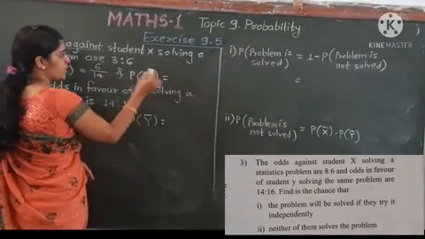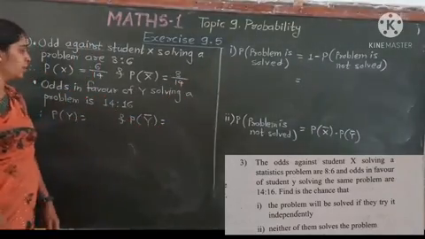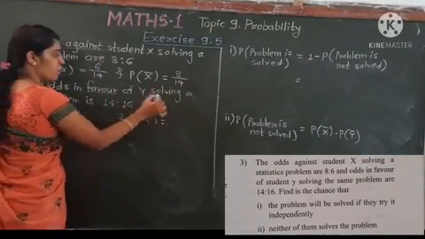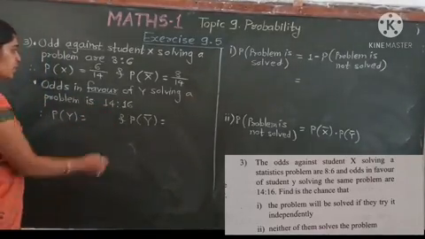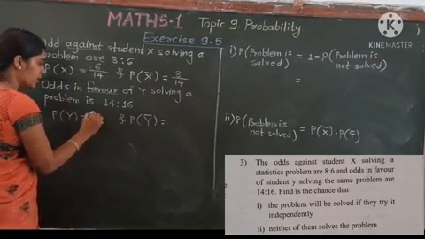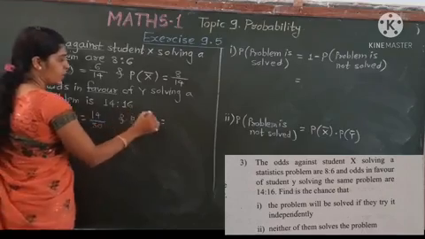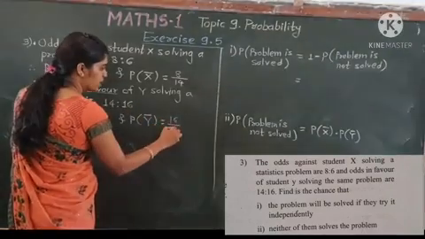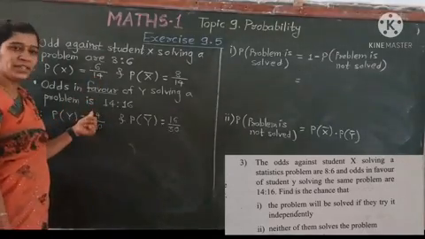And what is P of X dash? 8 upon 14. Odds in favor of Y solving the problem are 14:16, favorable to unfavorable. Y solving the problem chance is 14 upon 30, and not solving is 16 upon 30. You can write these two.